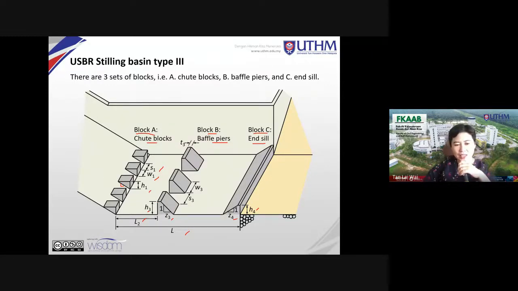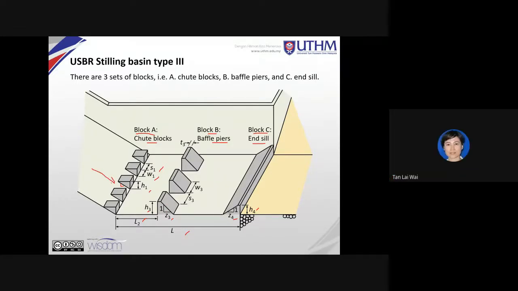And then the height of the buffer pier. And then the slope. You see water coming down, it will be blocked. That's why you have a vertical face here.